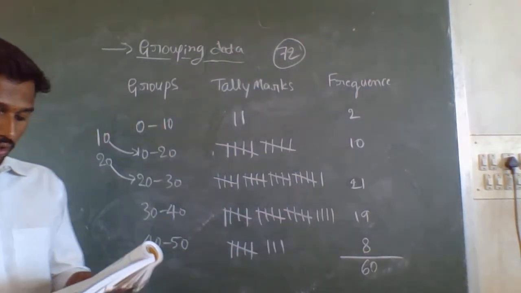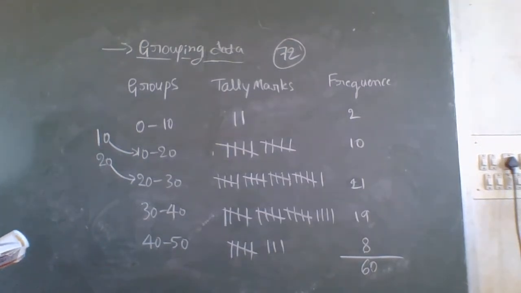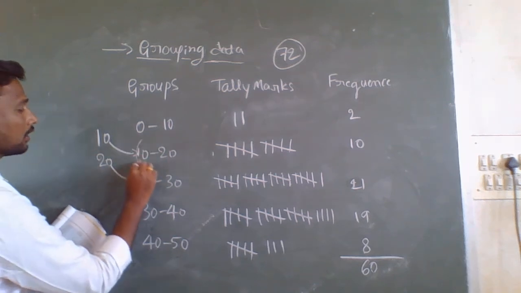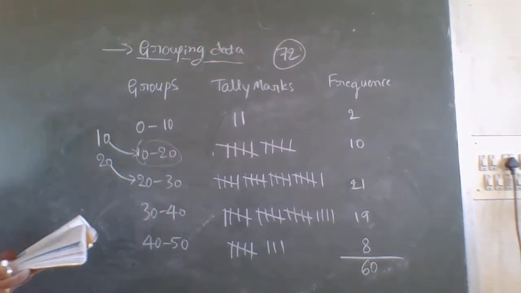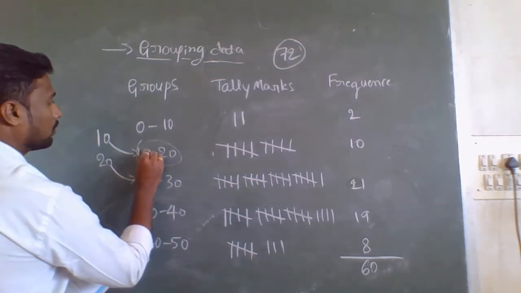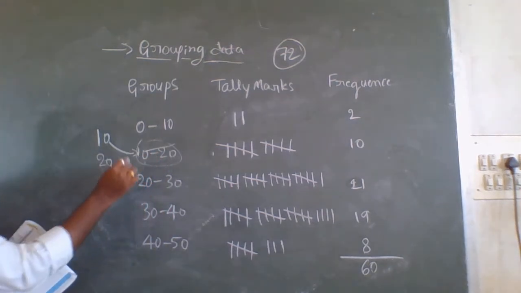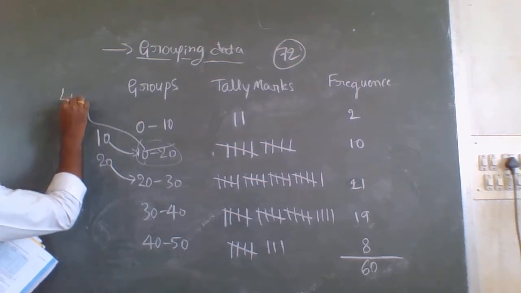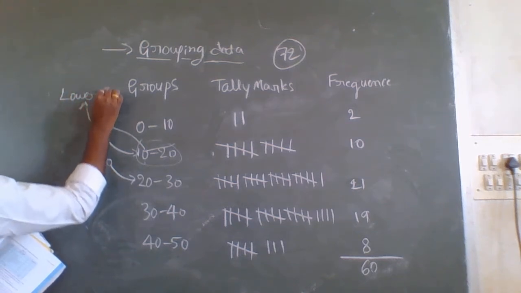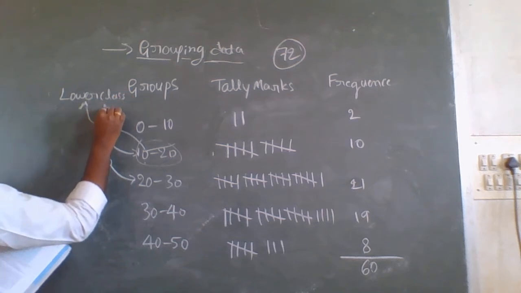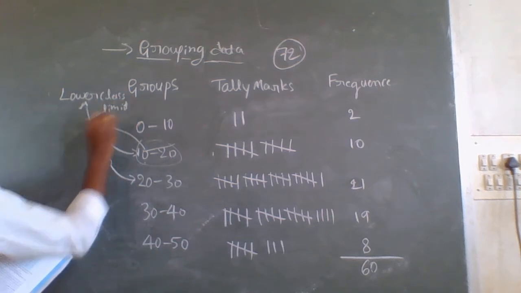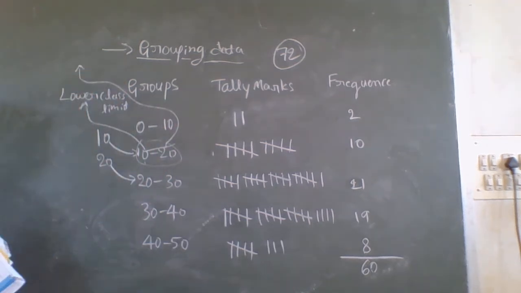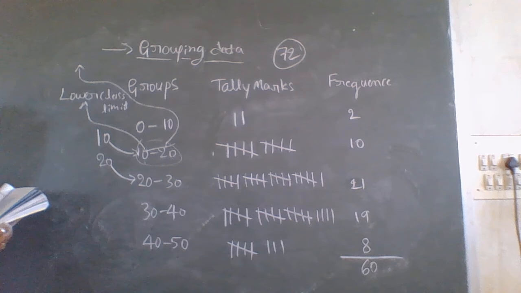Here 10 is called the lower class limit in the class interval 10 to 20. In 10 to 20, 10 is the lower class limit, and this 20 is the upper class limit.